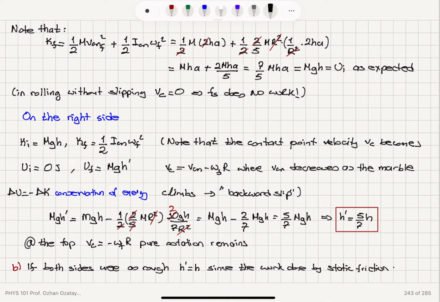So the kinetic energy that I have acquired at the bottom would be turning into potential energy the same way it happened when it was falling on the left side. So there will be no energy loss, so H prime would be equal to H.